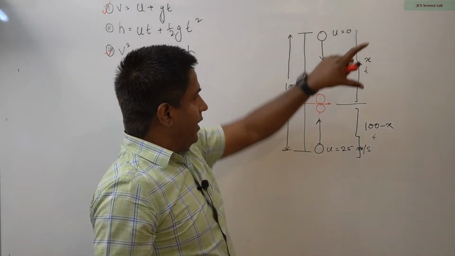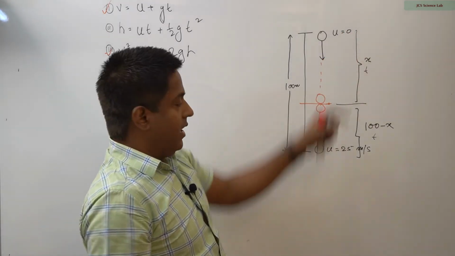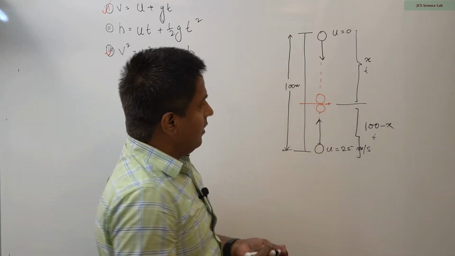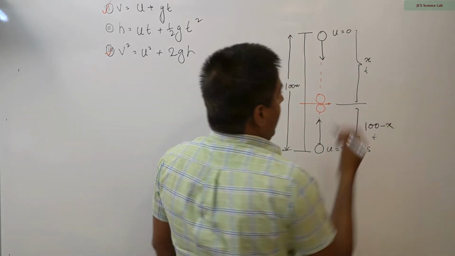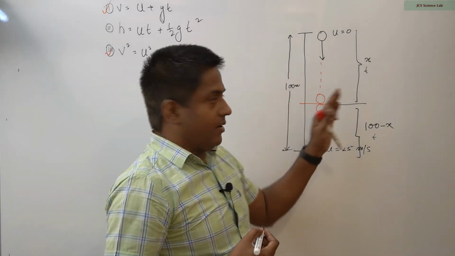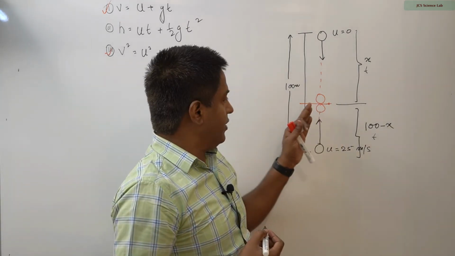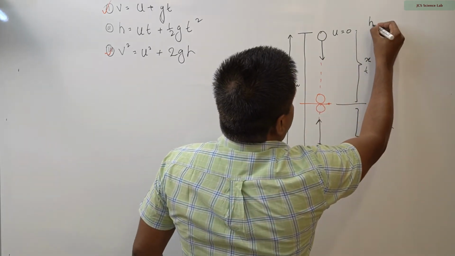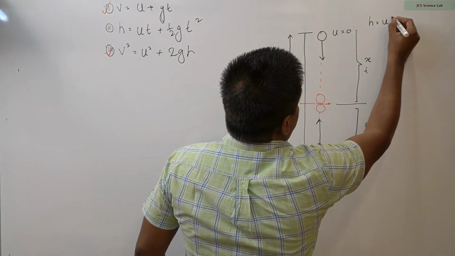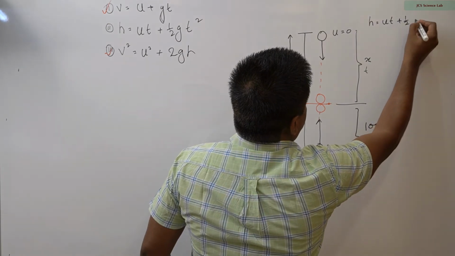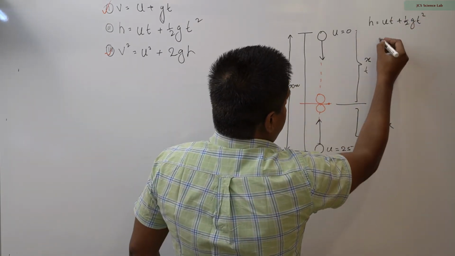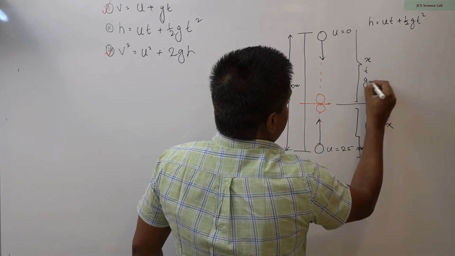We need to form the equation for the free fall and the equation for the object moving upward. For this, we can use the second equation of motion, right, which is h is equal to ut plus 1 by 2 gt square. For downward, this g is positive.